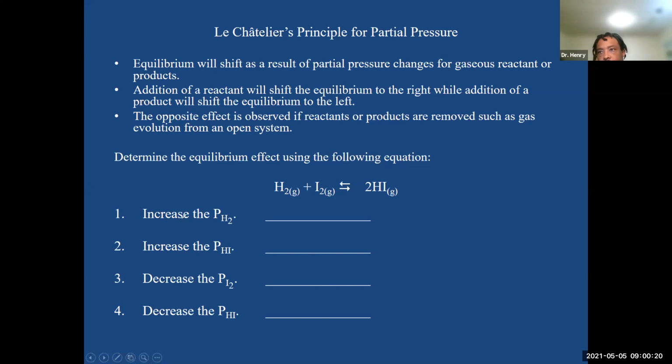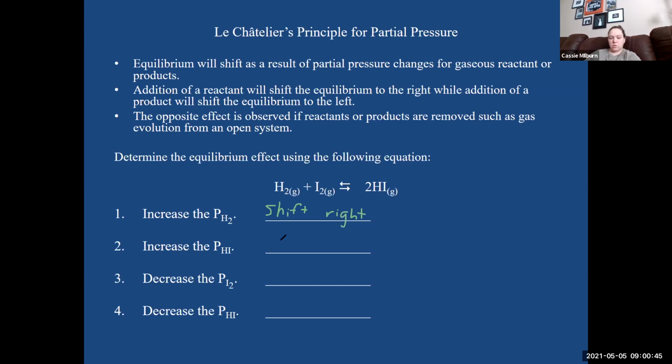First question here, an increase of hydrogen gas, the pressure of hydrogen gas. So it's shifting right. Okay, what about an increase in hydrogen iodide? Left. Okay.